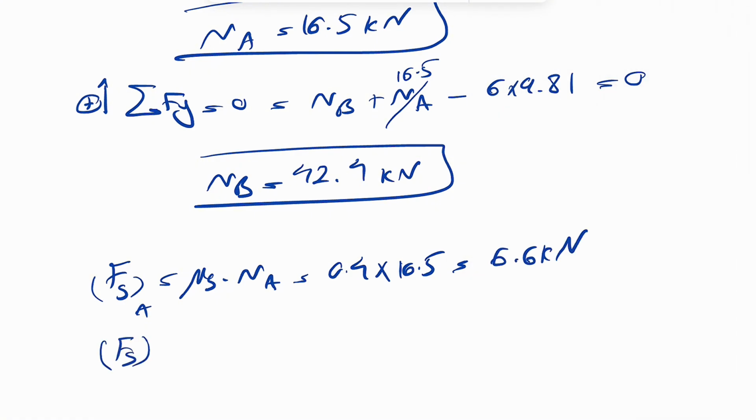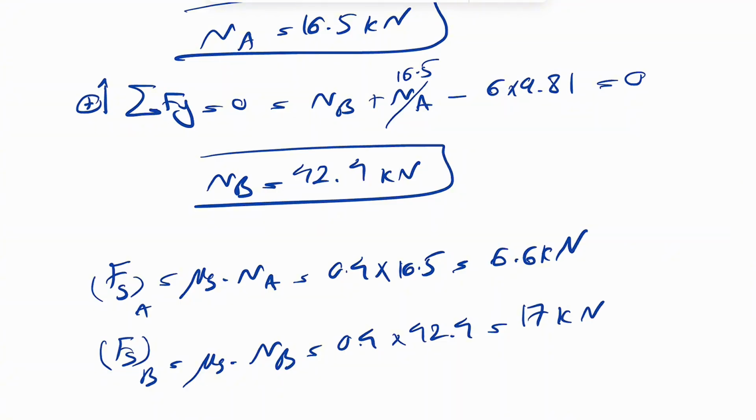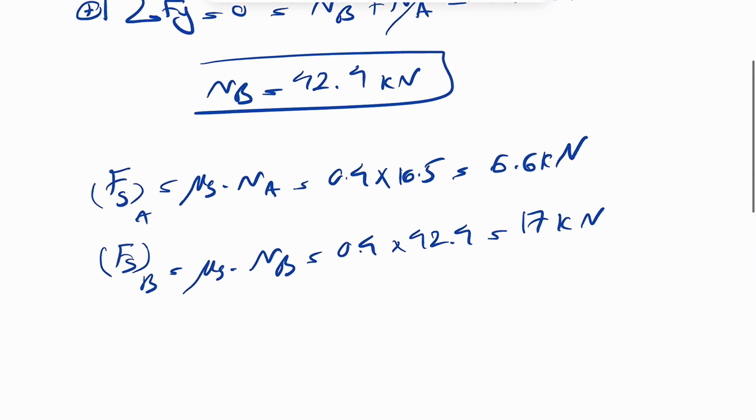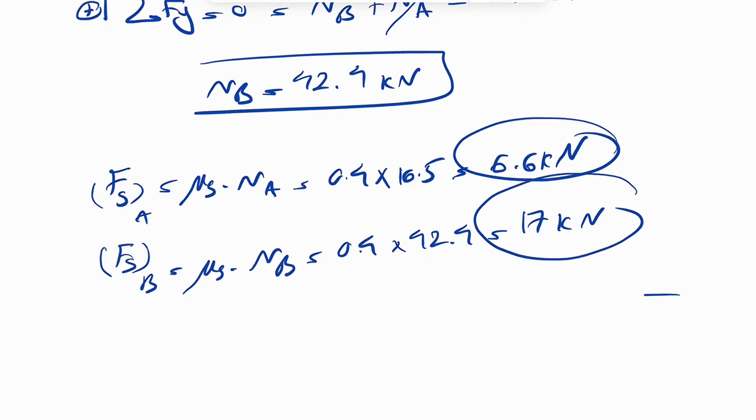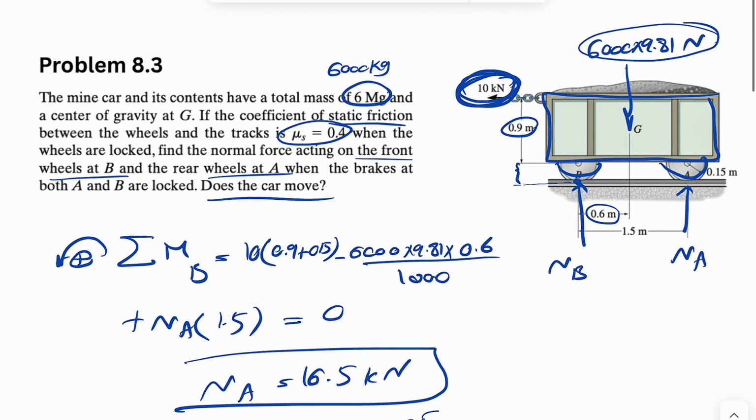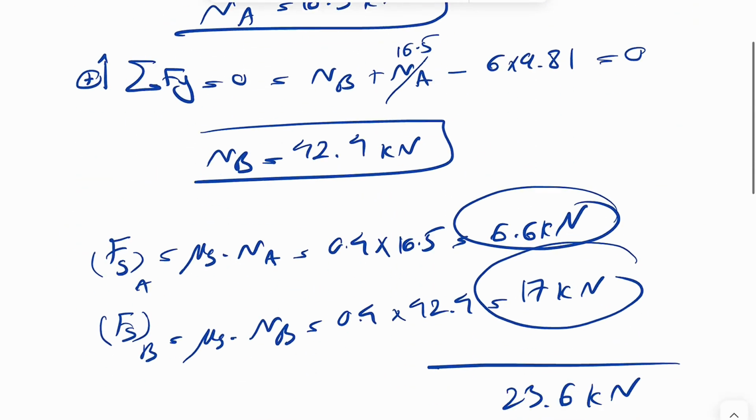And we have to do the same thing for the wheels at B. So this time we'll have 0.4 times NB, 42.4, which is going to be close to 17 kilonewton. So now that we have the friction for each of them, we can see that we have a total of 17 plus 6.6 friction, which is around 23.6 kilonewton friction, and the other force that we have in the horizontal direction is going to be 10.